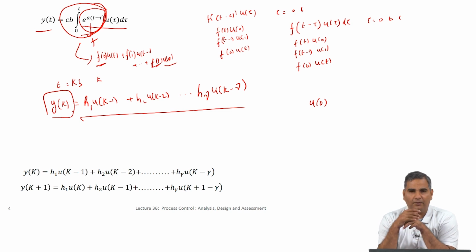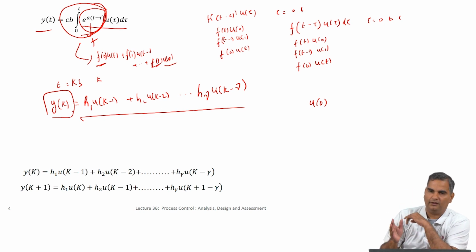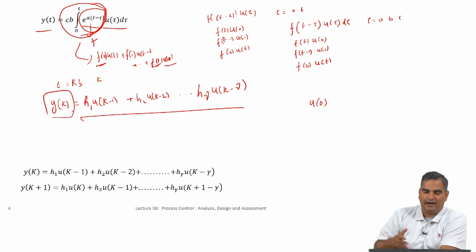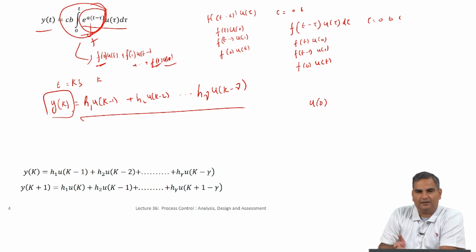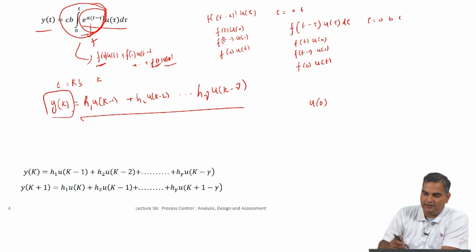Then on top of it we are going to assume that this h of gamma, as you keep going more and more into the past, at some point is going to cut off. The memory is only up to gamma. Beyond this, whatever terms that are there, the weights are very close to 0. So, in other words, if I have one more term in the past here, that will have a weight, and this weight will be very small.